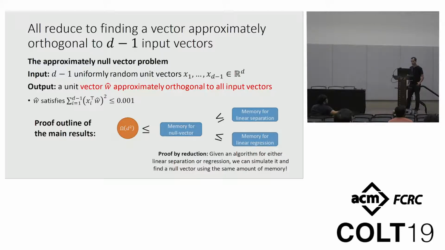We show that doing this requires a memory of d squared. And then by reduction, we show that both the prediction and the regression problem require at least this same amount of memory.